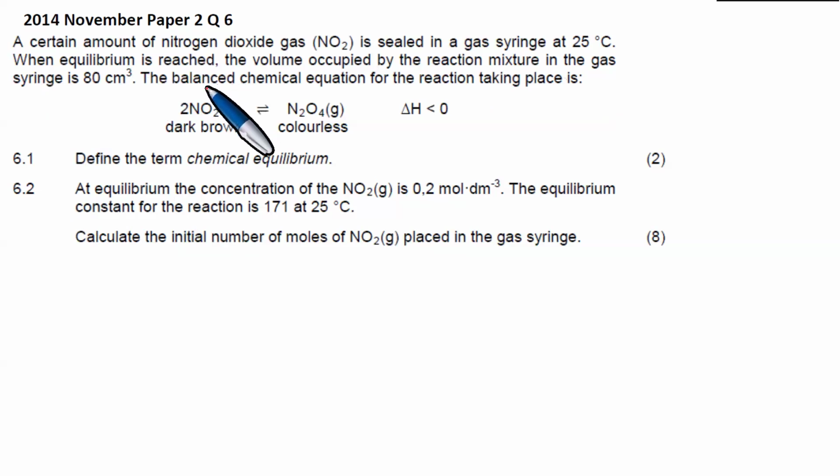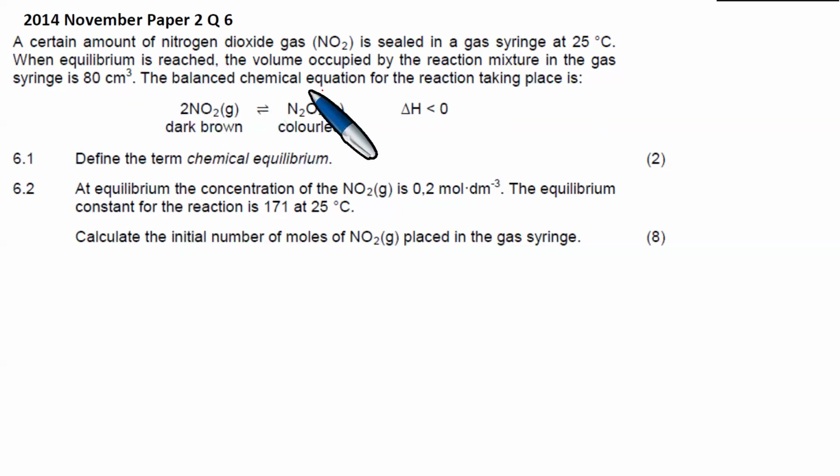Okay, so this is the case, and it is sealed in a gas syringe at room temperature, 25 degrees Celsius, when equilibrium is reached. Right, the volume occupied by the reaction mixture in the gas syringe is 80 cubic centimeters.